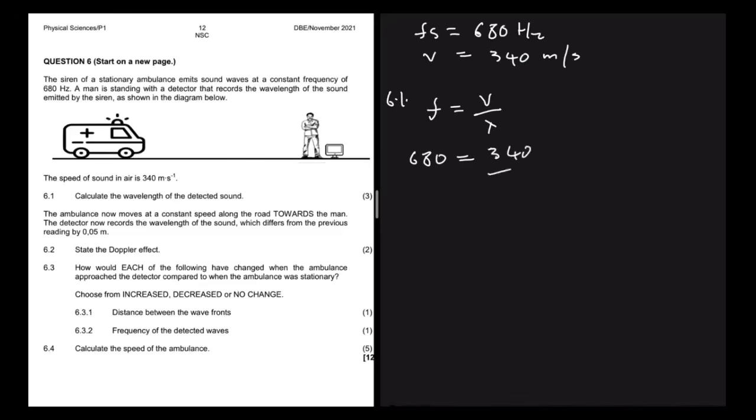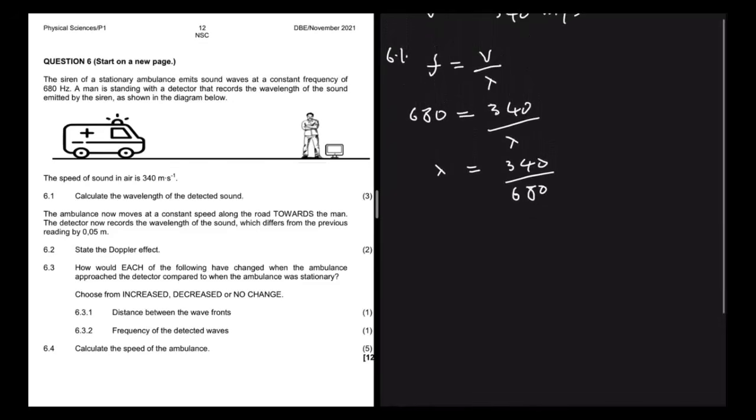So we have 340 divided by what we're interested in, the wavelength. From here, you just cross multiply and we get our wavelength. So the wavelength is equal to 340 divided by 680 hertz. And then 340 divided by 680, that is 0.5 meters. So the wavelength of our detected sound is 0.5 meters.